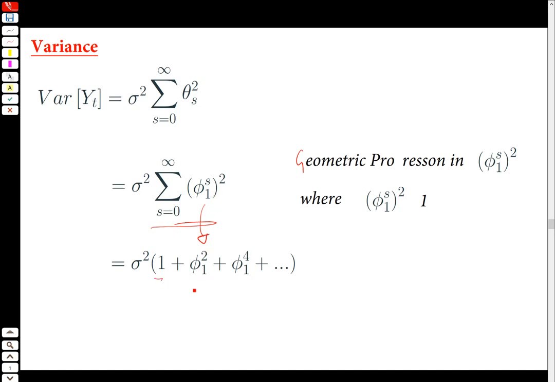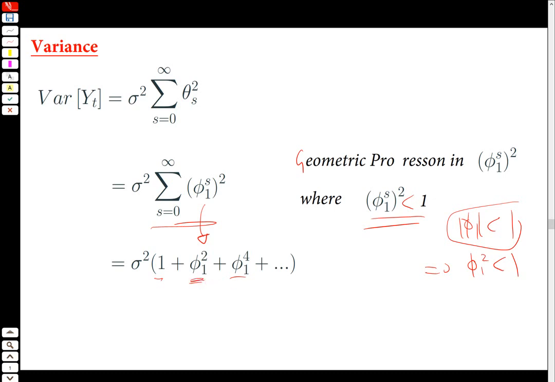So again, watch the video clip on deriving the properties of an MAQ. We did it for an MA1 in the lecture, and we're going to do it for an MA2 tomorrow in the class, and the video clip goes through the general case. Once we have the properties of an MAQ, we let Q go off to infinity, as we talked about in the start of lecture 2. In terms of this question, we can take all these as given. We're going to use all these results now to derive the mean, the variance, and the covariance of an AR1.